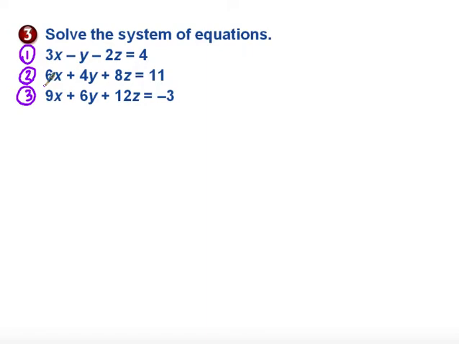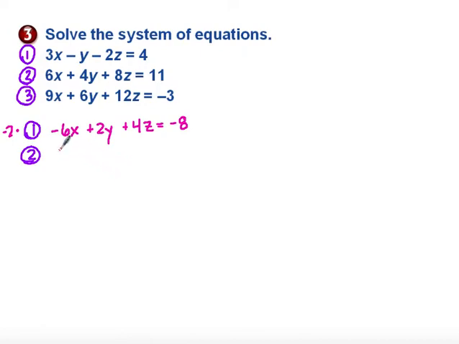This time I'm going to get rid of x's first because I see that 3, 6, and 9 are all multiples, so that might be easier for me to find. So I'm going to take equations 1 and 2 and get rid of x's, which means I've got to multiply equation 1 times negative 2. That's going to give me -6x, positive 2y, positive 4z equals -8.